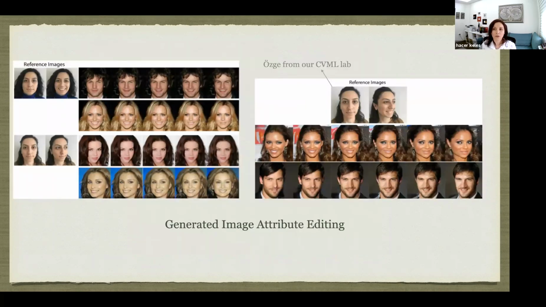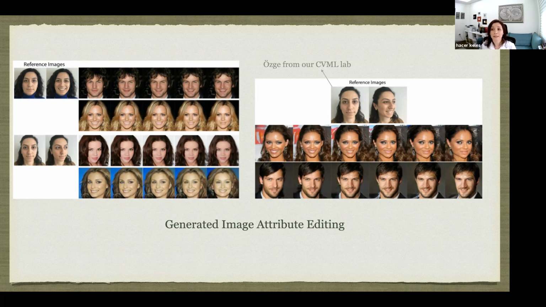In our early experiments, we used photographs that we took of our lab members, and Özge is also one of my PhD students. So here the reference images are constructed using her photos taken with our mobile phones. Using different image pairs, we could observe that CRG captures the relevant factors of variation as well. Here we see smile and pose variations on the left, and smile and pose together on the right.